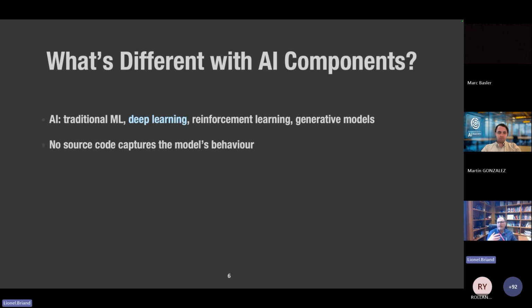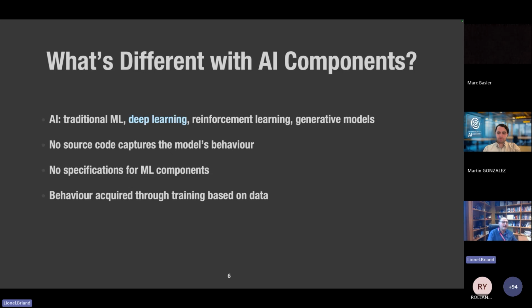So the problem we have from a software engineering standpoint is that all techniques that are based on source code analysis, program analysis, are not really applicable when you have those AI components. And very often for those AI components, we don't have specifications. We may have some safety properties that we must comply with, but we don't have any form of specifications.